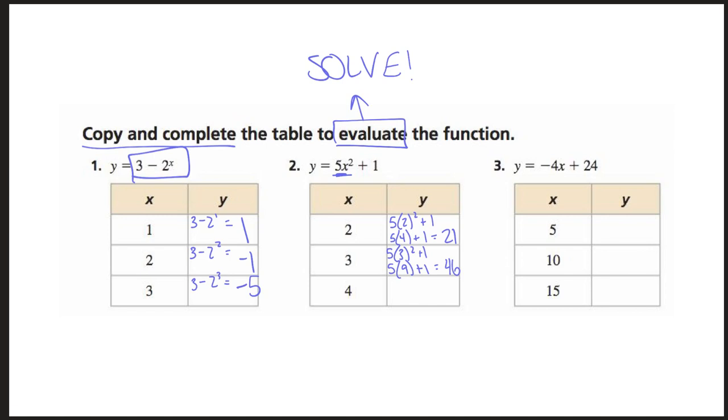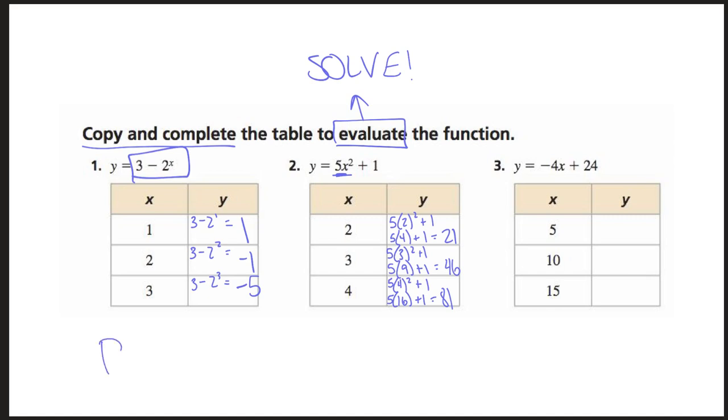Then after that, you've got 5 times 4 squared plus 1, which is 5 times 16 plus 1, which is 81. That's definitely going to be the most challenging of these 3 that you see right here.